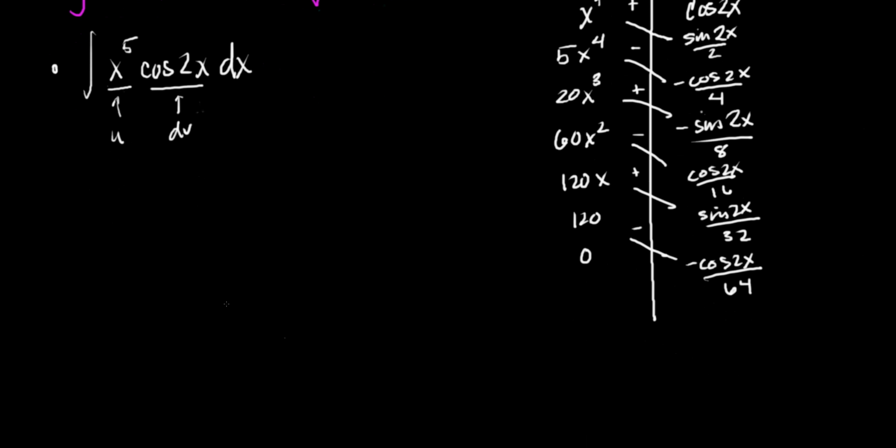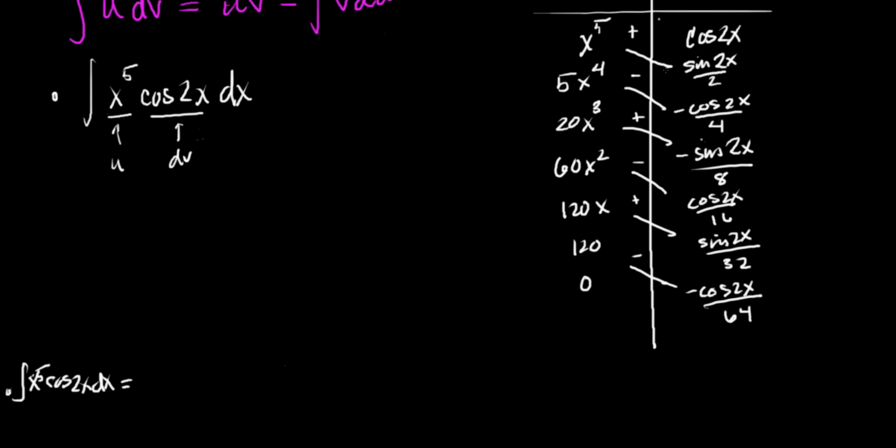And we just need to remember what it is we're solving here. So it's the integral of x to the fifth times cosine of 2x dx. And this thing is equal to, okay, so we just list out these terms as we have linked them together. The line shows that those two terms are associated, and this sign tells you what the sign in front is.